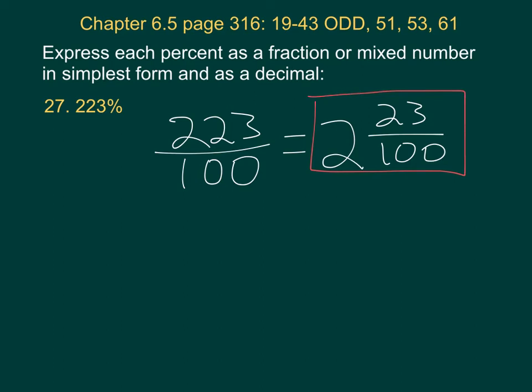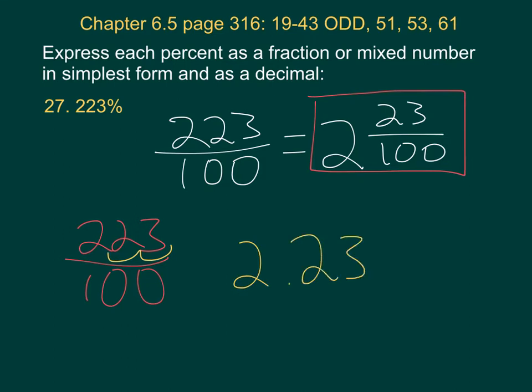If I want to get the decimal version, I can do it the same way. I divide 223 by 100, or I can think about it as moving the decimal point over 2 spots. And I'll just end up with 2.23. That is the decimal version.